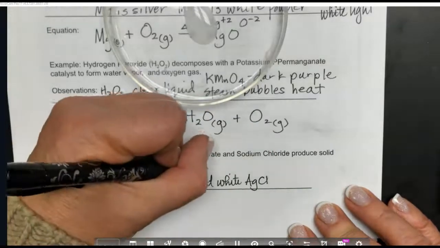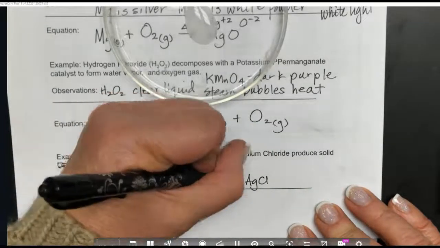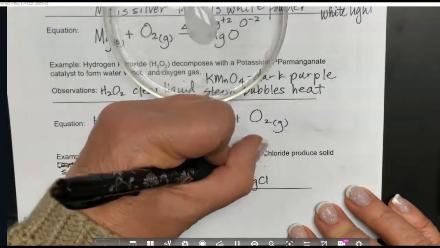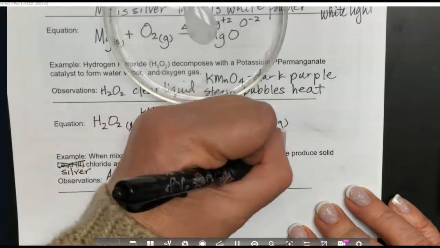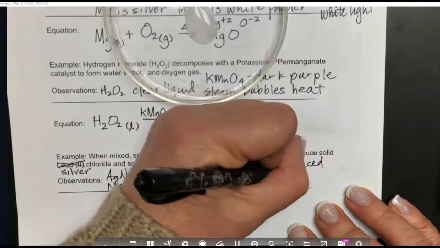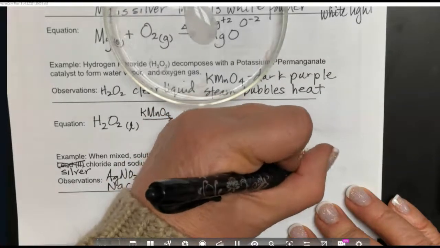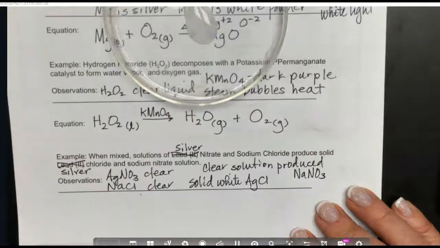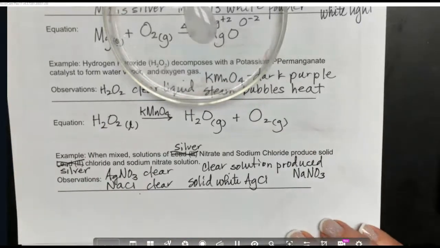The other clear solution produced was sodium nitrate, and so we'll go ahead and record sodium nitrate being the one that is produced. So let's write this out as a chemical reaction.